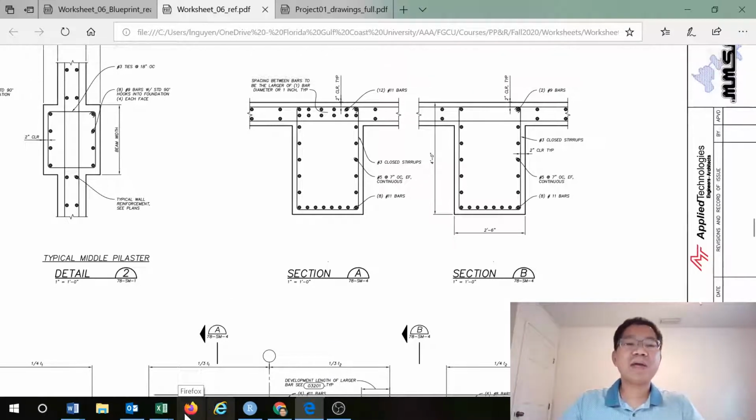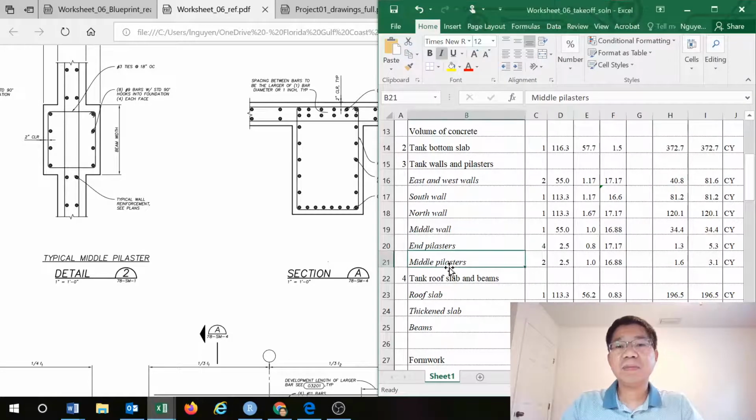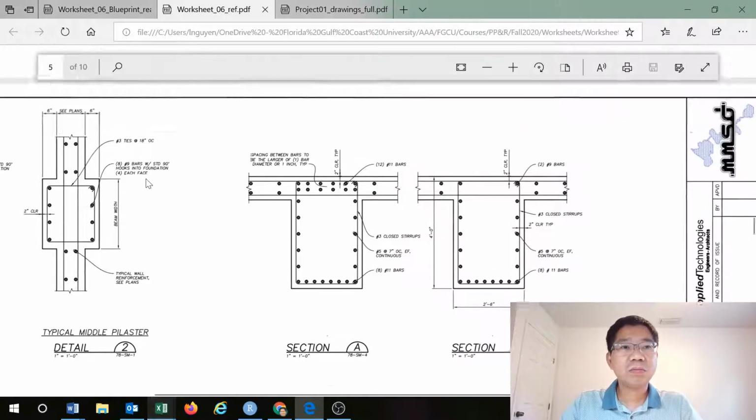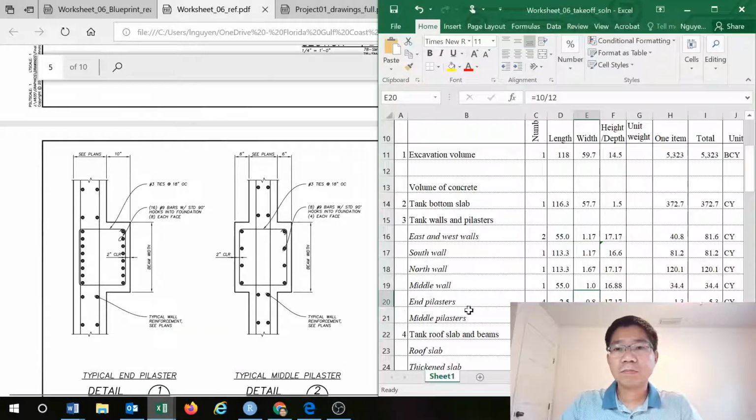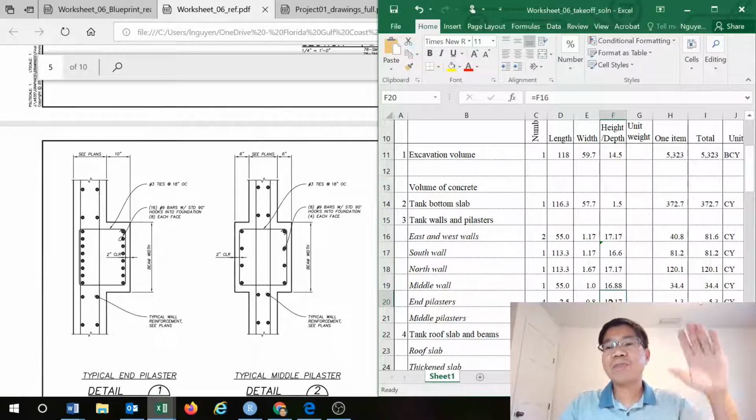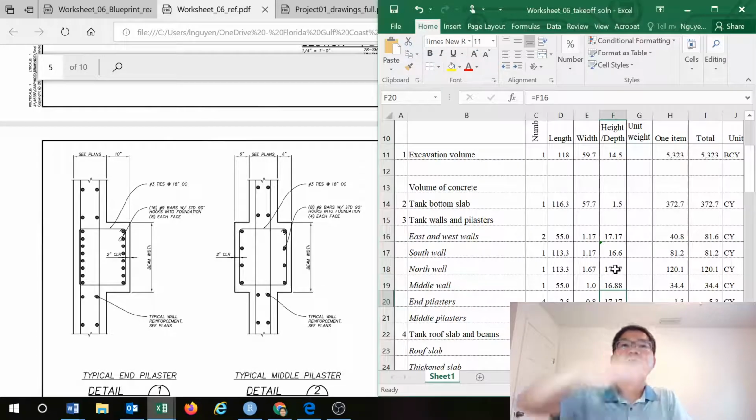So from that we can determine the end pilaster. You can see that in the beam width, 2 feet 6 inches, additional here 10, and then you have the height of the wall, same as the pilaster goes through the wall of the tank.